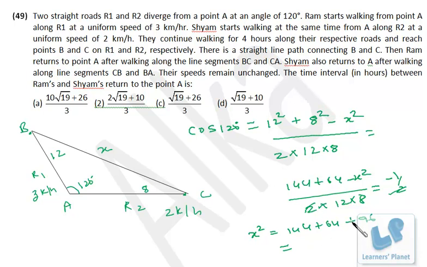I'm sorry, this is plus 96. So in all it is 304. X square is 304, or we can say x is 4 root 19. That's the value of x.